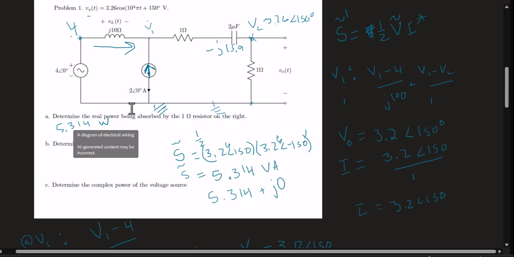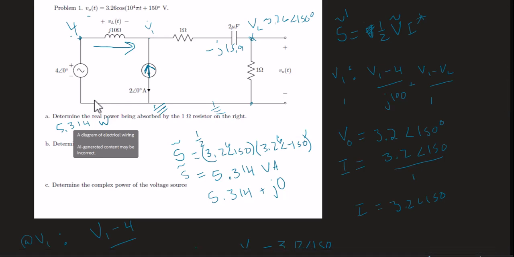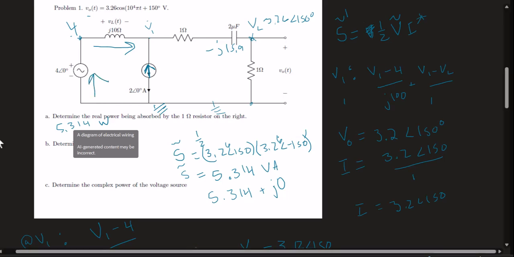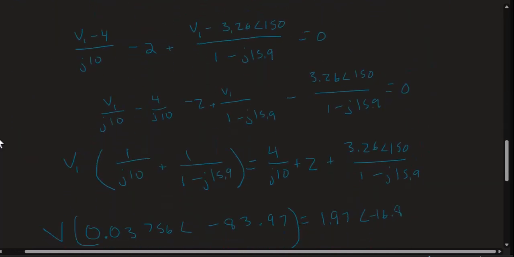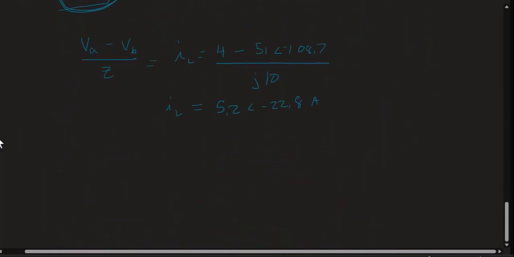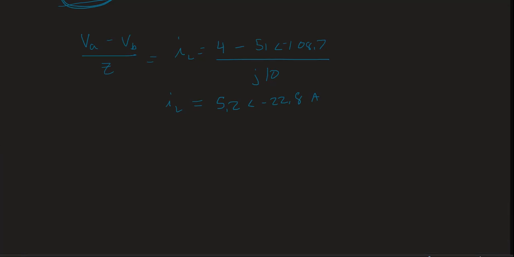I have it going in the wrong direction, don't I? No, that's good, I want it going this way, because I want the complex power, so that's fine. So I have the current going that way, and I got 52 angle 22.8.